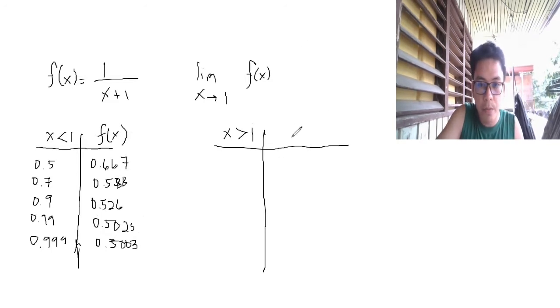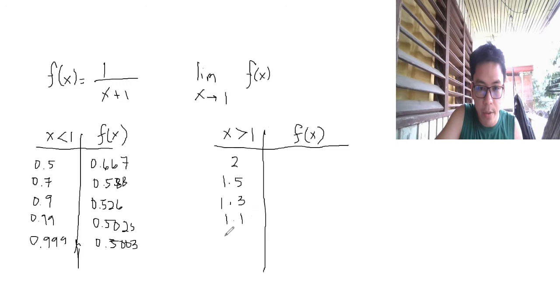Also, when I choose all the values of x greater than 1, I'll start with 2 and make it closer to 1. So I have 2, 1.5, 1.3, 1.1, 1.01, 1.001. When it's 2, I would get 0.333.